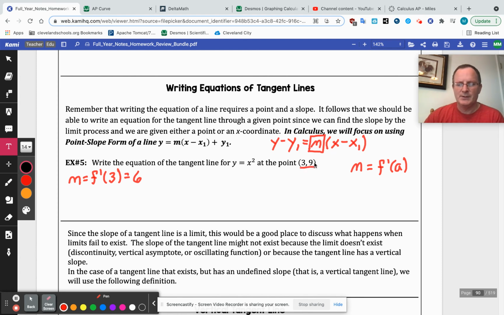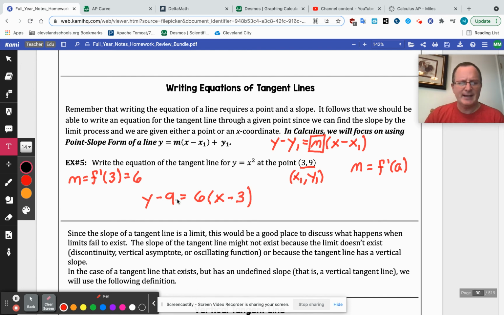They're right here. So this is x1 and this is y1. And so really there's no work to be done. So here it is. It's y minus y1 equals slope and then x minus x1. And that's all there is to do.